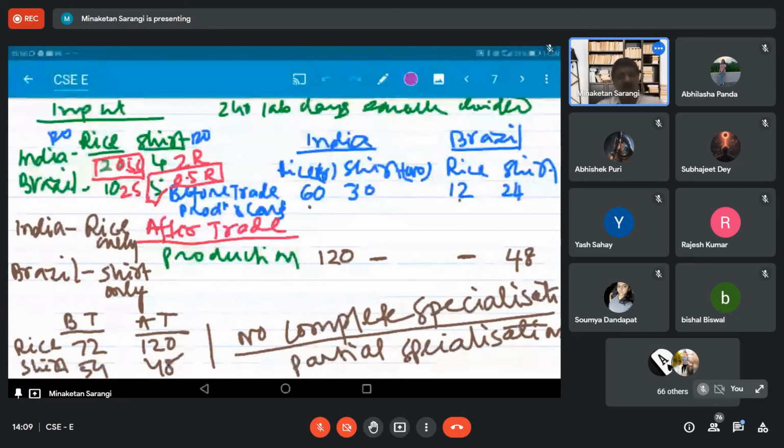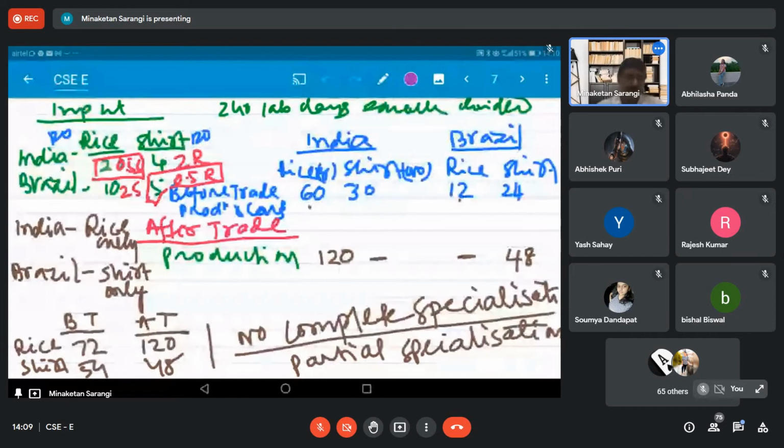So India enjoys comparative advantage in the production of rice, and Brazil enjoys comparative advantage over the production of sack. What will be the pattern of trade? Basing on this, first we have to assume India produces rice only. India will take complete specialization in the production of rice, and Brazil will take complete specialization in the production of sack.